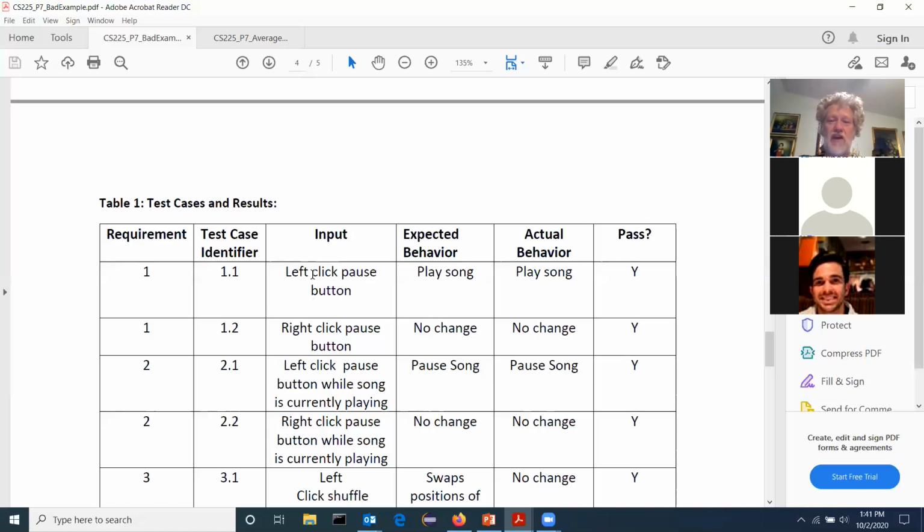A command was sent from some class to another to activate the play song method. Why not write the test case that way? Play song method activated with input Rhapsody in Blue, expected behavior Rhapsody in Blue.